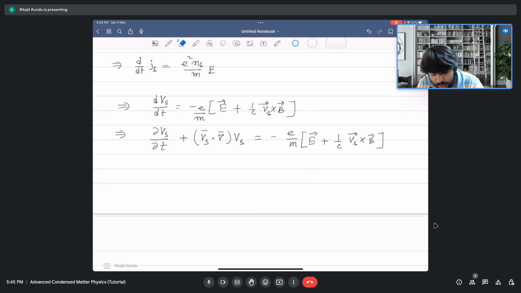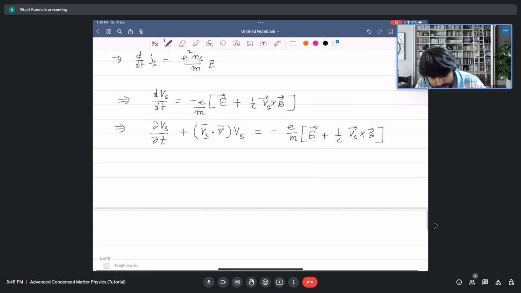Now you might remember an identity from your vector calculus, and this is the important identity that we'll use.